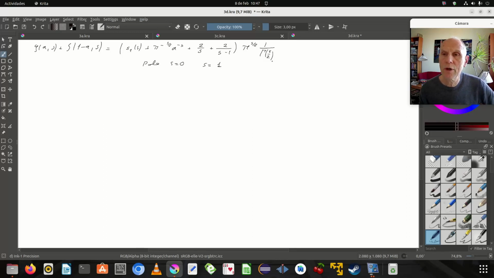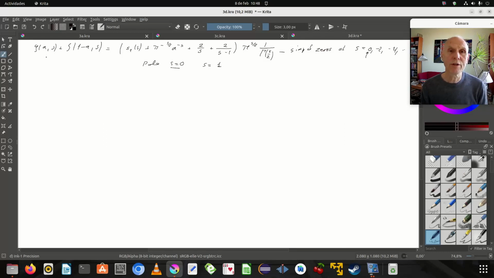But gamma s half has poles at, so I would just, etc. And that eats this pole.